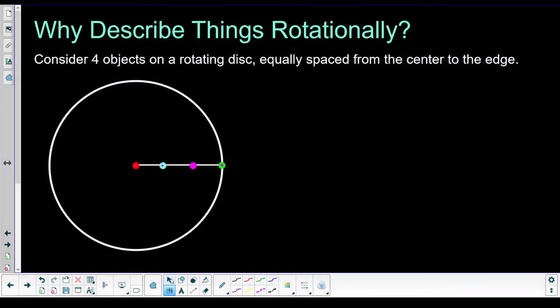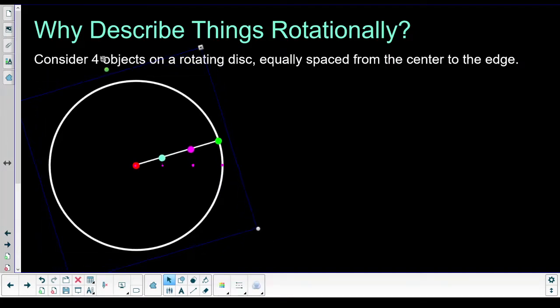Secret dot, and then let's spin this thing. Not too far, maybe just there. What happens when we spin it is they all travel in circular paths, right? This one's going like that. This one went like that. And then this one is following the edge of the circle.